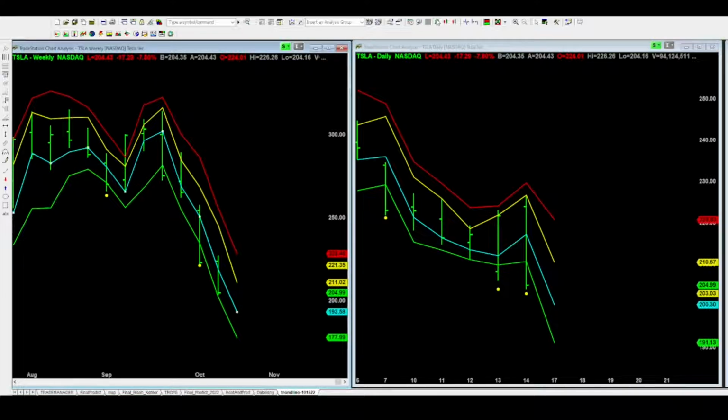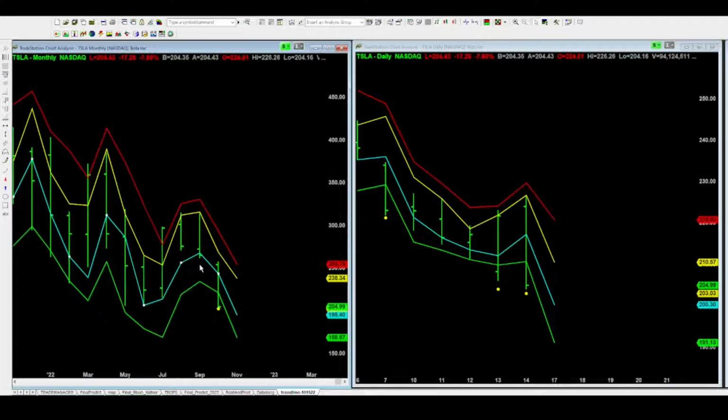If you check the monthly chart, the prediction model also reached down to this special dot, $202, and stopped exactly around here last Friday.